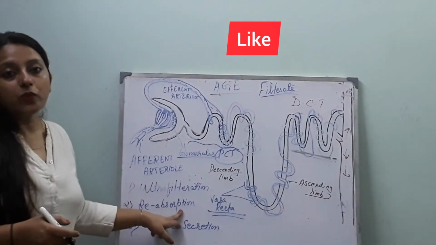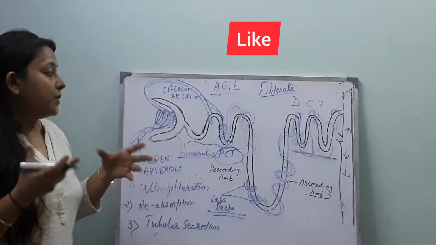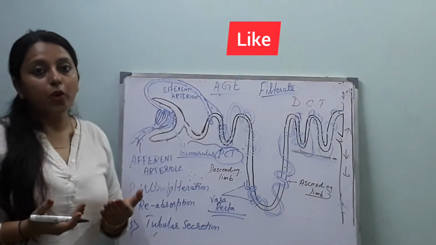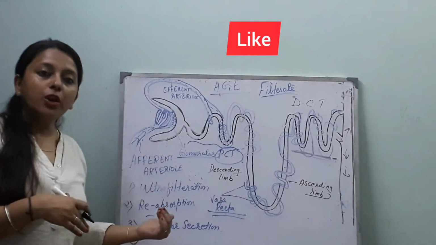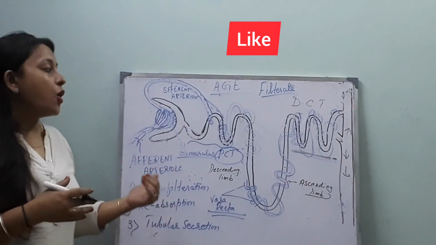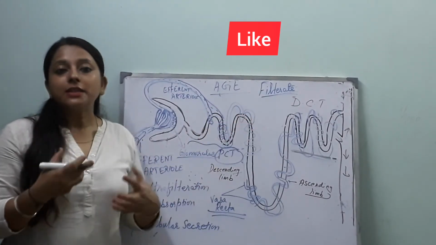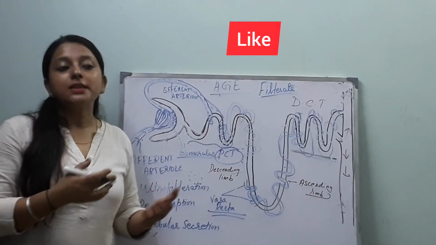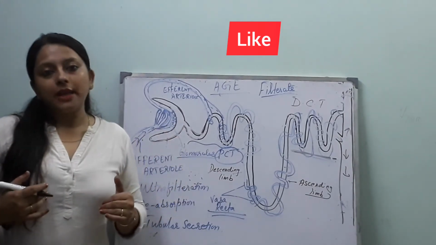What happens in reabsorption? In reabsorption, substances which are useful for the body are reabsorbed from the nephron to blood vessels or blood capillaries. But in tubular secretion, waste materials or toxic materials enter into the nephron from blood capillaries.